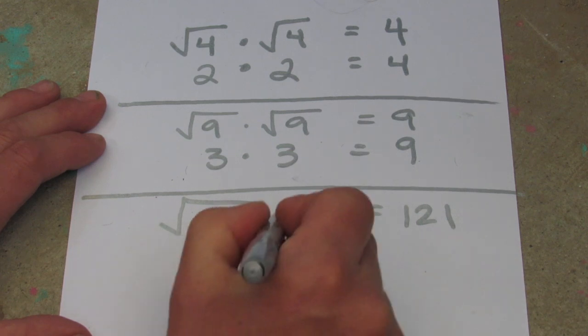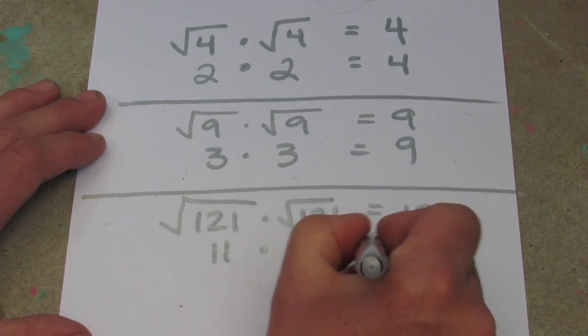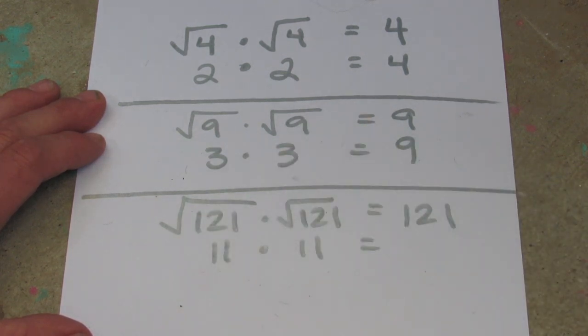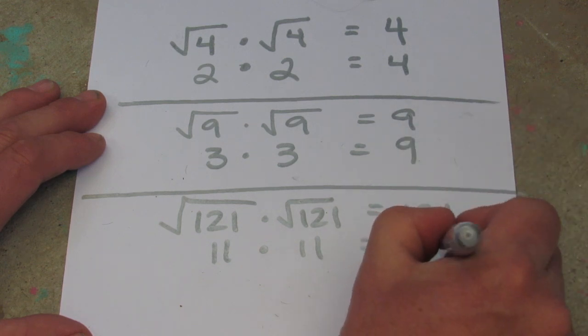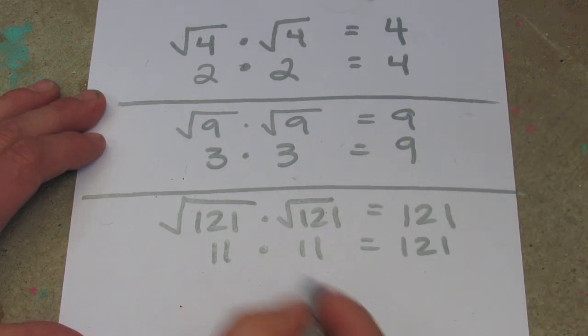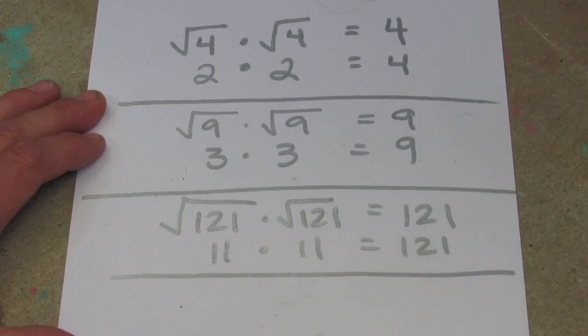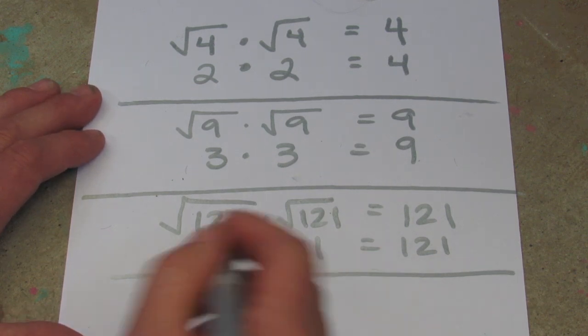Why? 11 times 11, use your calculator if you don't believe me, equals 121. So, it's going to be very, very logical how we can rationalize a denominator, and I'll get to that in the next piece of the video.